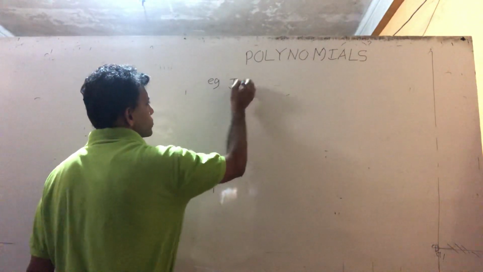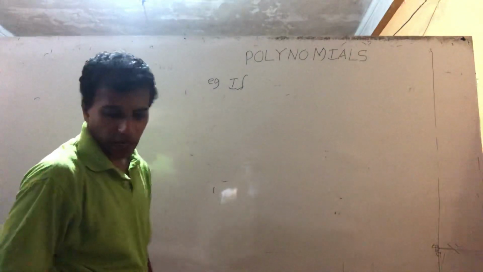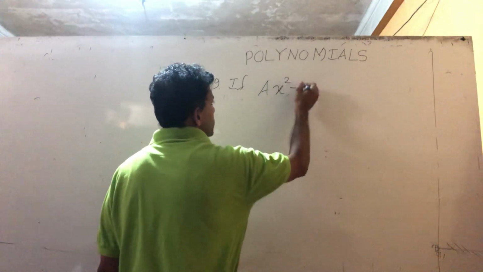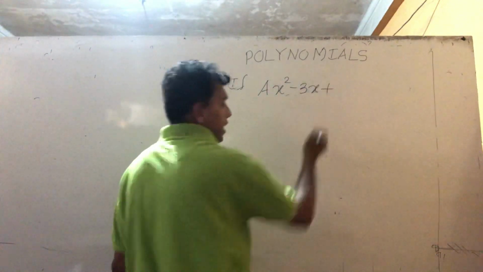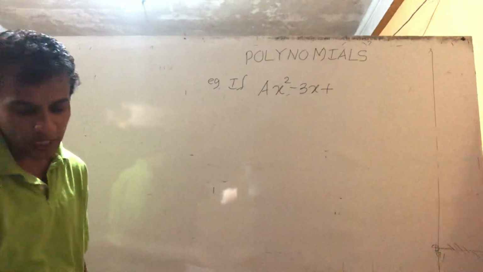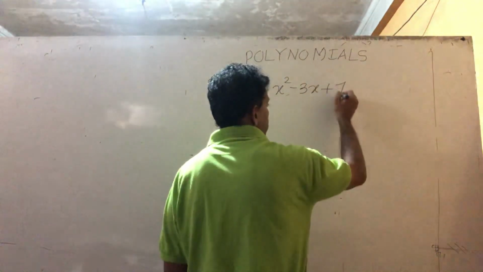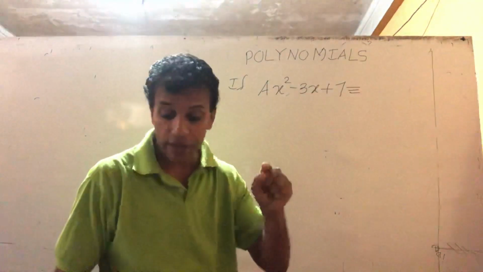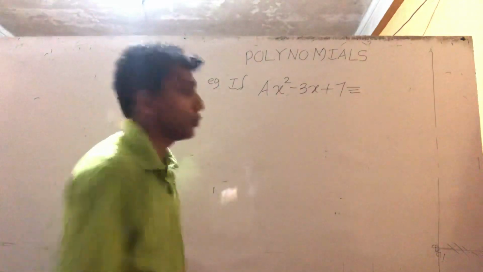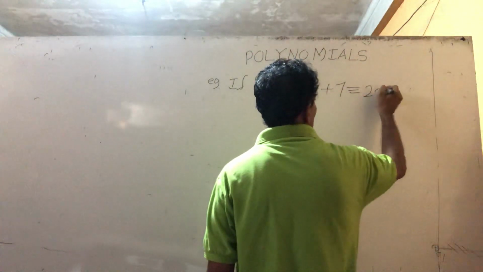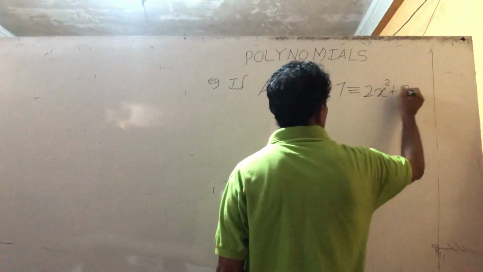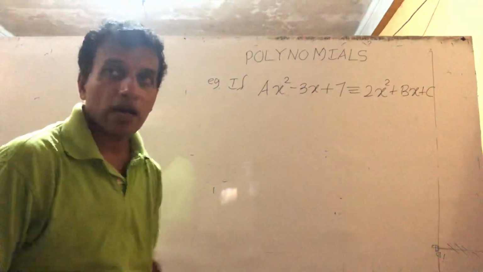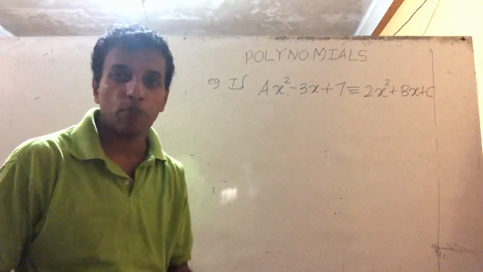If ax square minus 3x plus 7 is identically equal to 2x square plus bx plus c. Write this simple example to identify what the meaning of identical polynomial is.